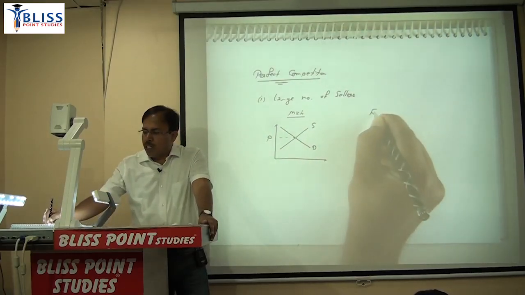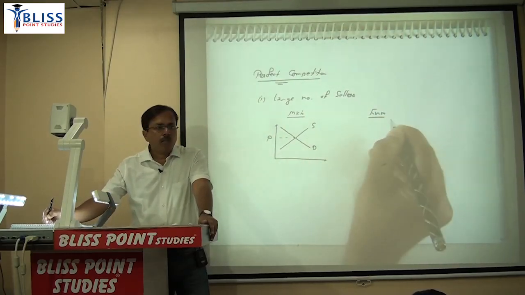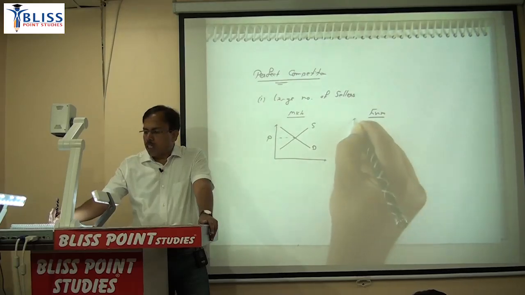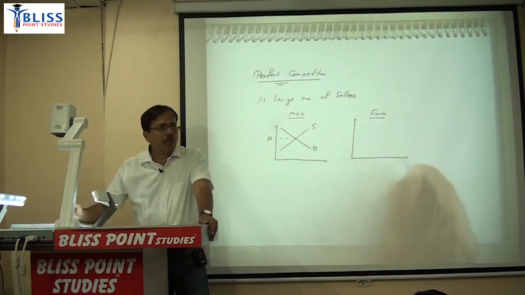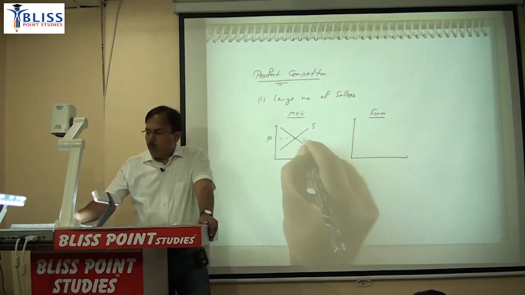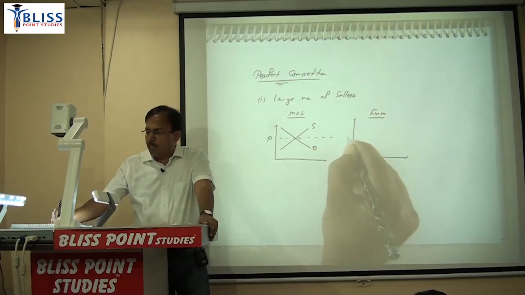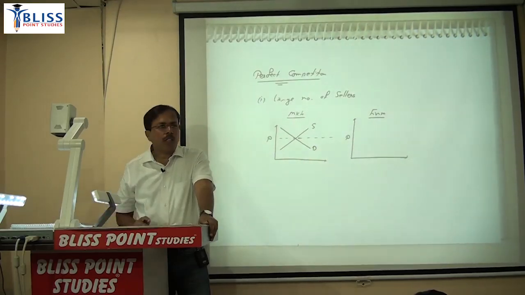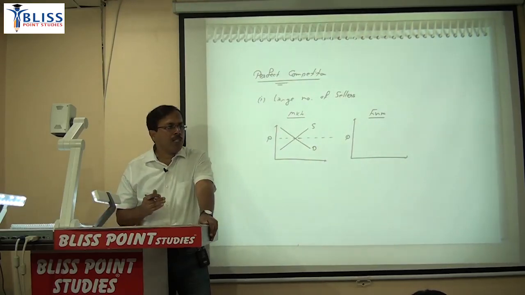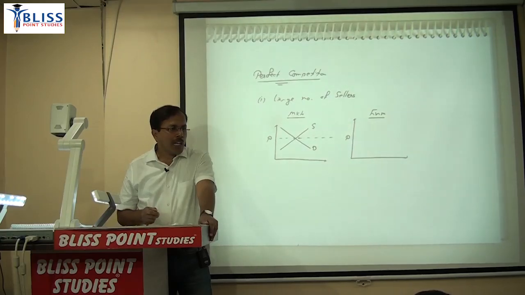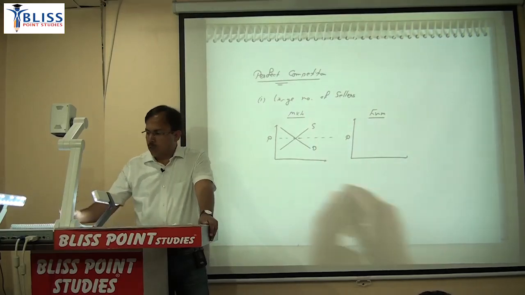But in a market there are many firms, and this right side diagram is for one particular firm. So for one particular firm this price will remain constant, and at the same price firm can sell as much quantity as it can. अब इसको जरा easy कर लो.